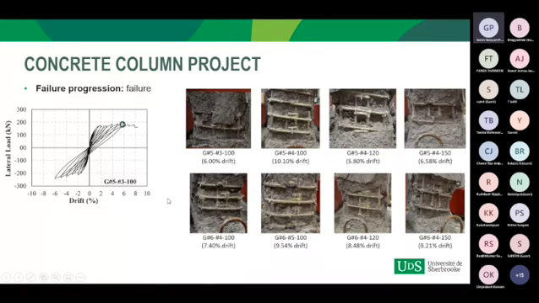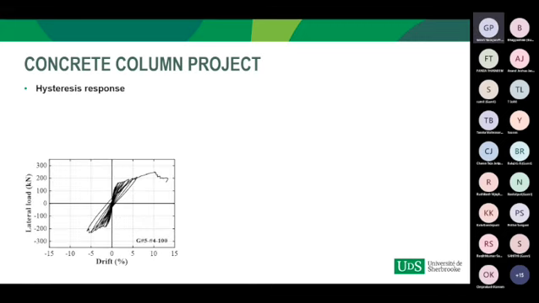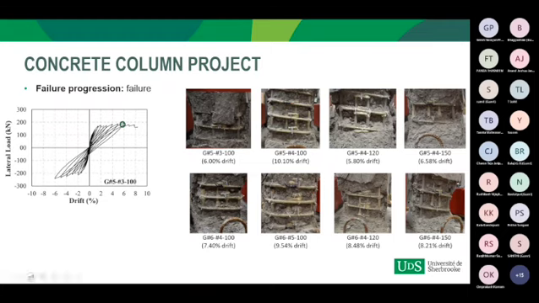The failure of the GFRP reinforced concrete column was due to the first rupture of the longitudinal GFRP bars with the loss of lateral load.